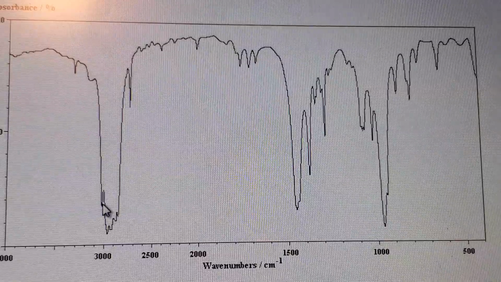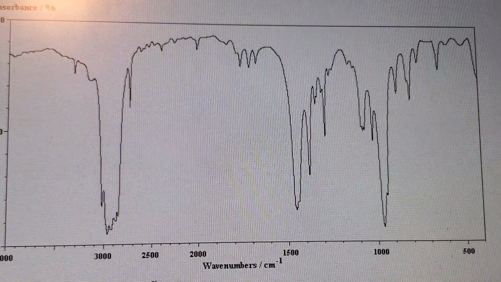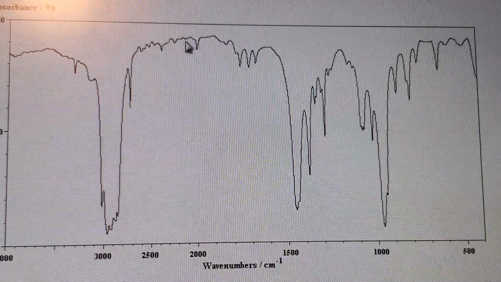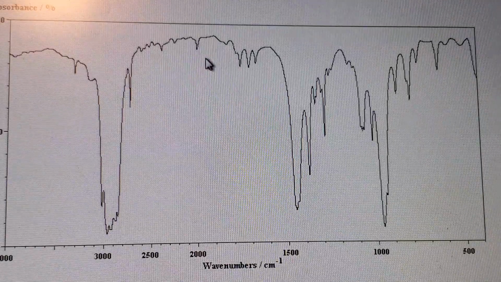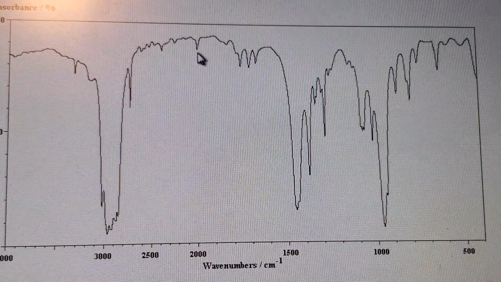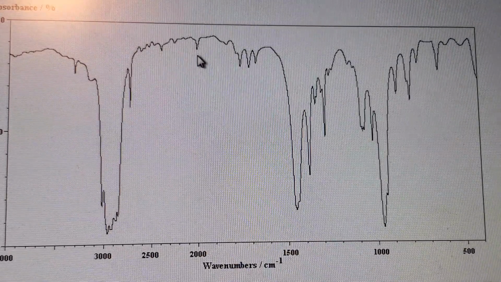For triple bonded alkyne carbon, we are looking at this region, 22 here, around here, and you don't see any. And you might say this could be, and honestly it could be, if you have a triple bond in the middle of the chain, symmetrical.